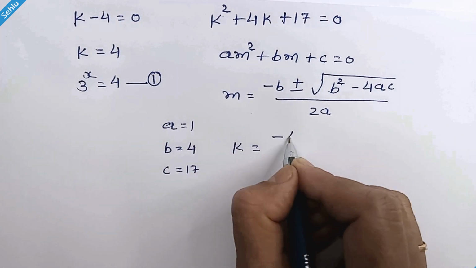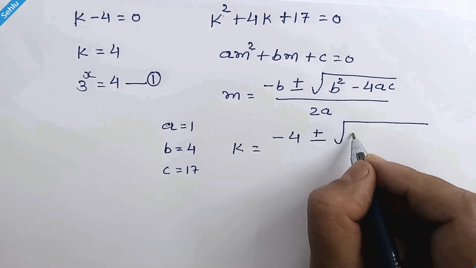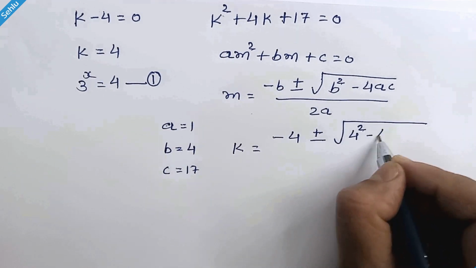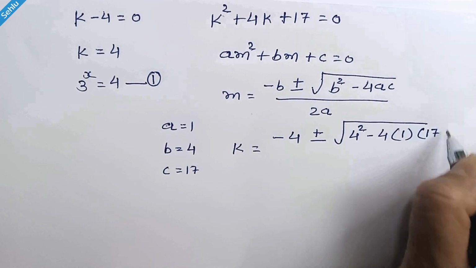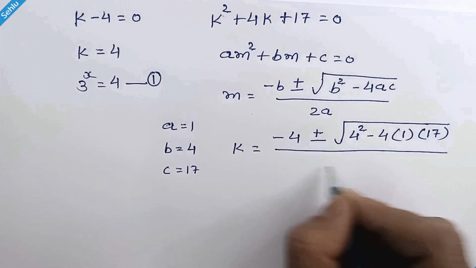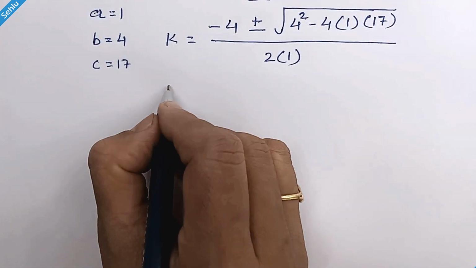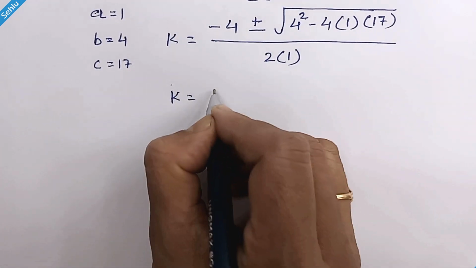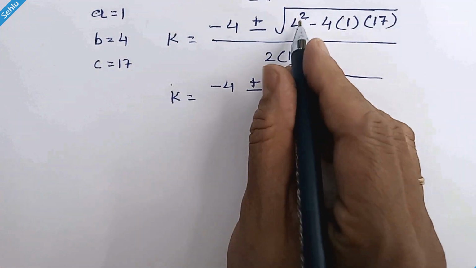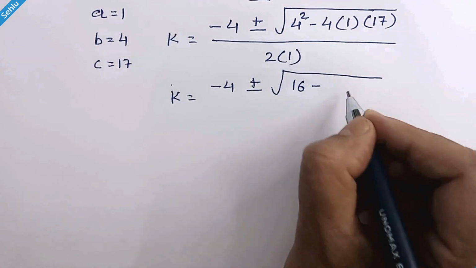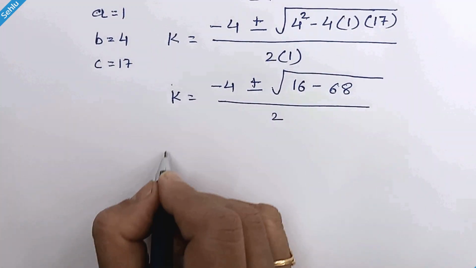So we have −4 ± √(b² is 4² − 4 × a is 1 × c is 17) over 2 times a is 1. So we have k = (−4 ± √(4² is 16 − 68)) / 2.